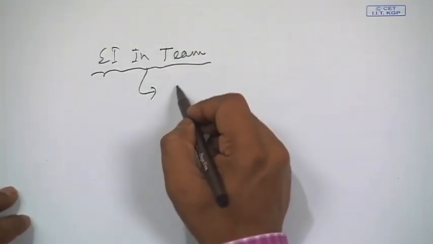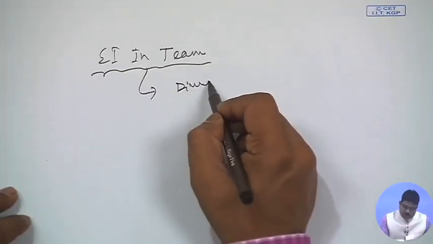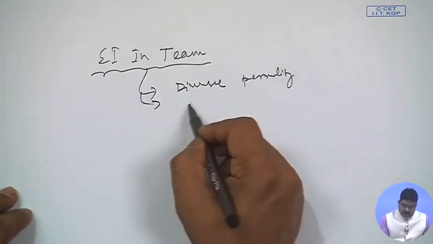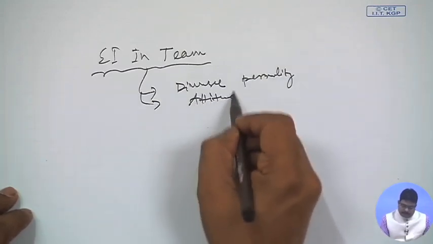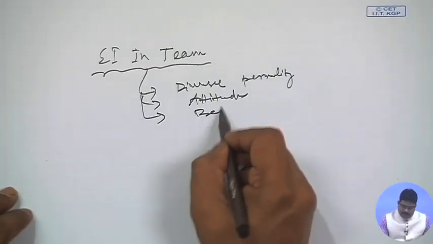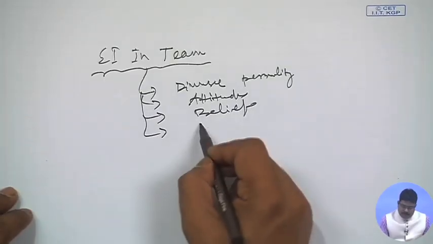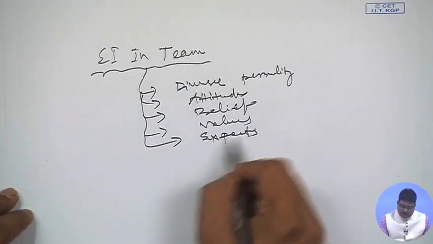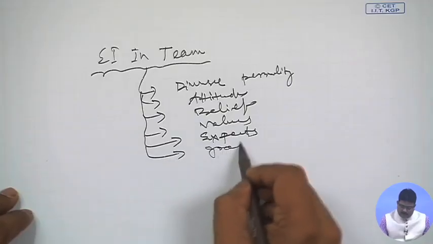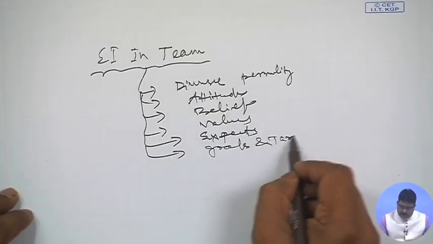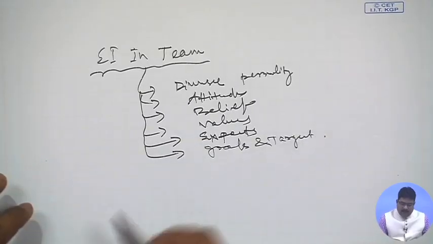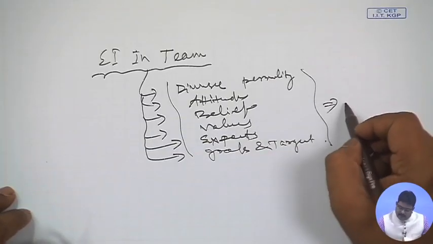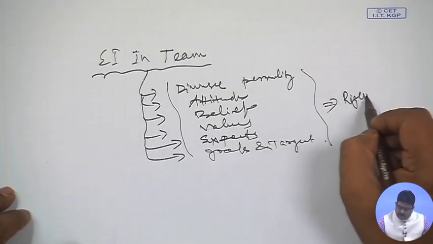So, there is diverse personality, different attitudes, beliefs, values, expectations, different goals and targets. Irrespective of all this diversity, how to reach right decisions?